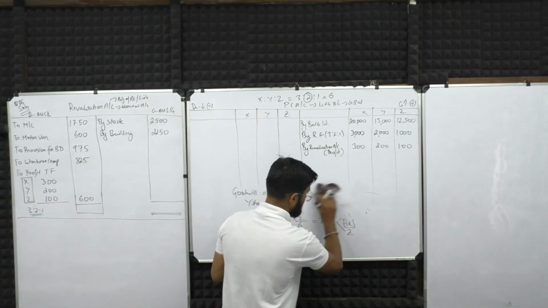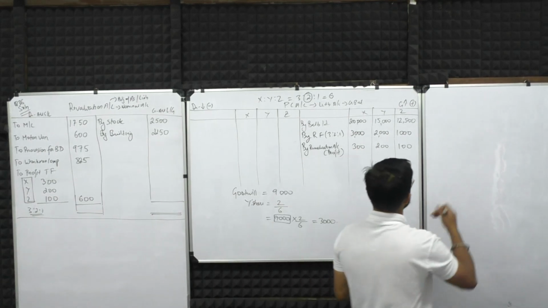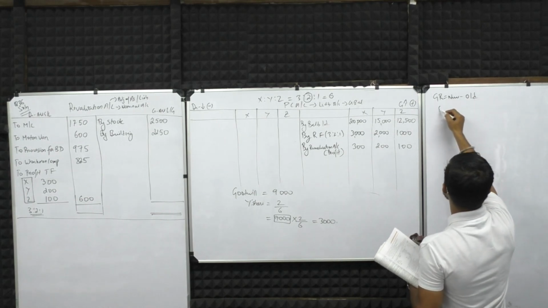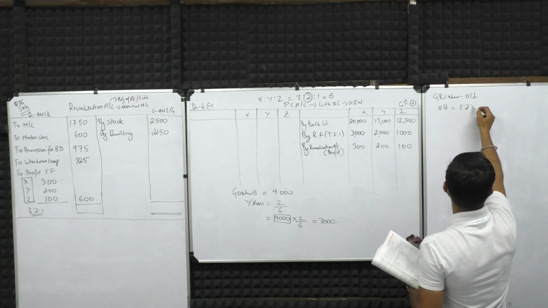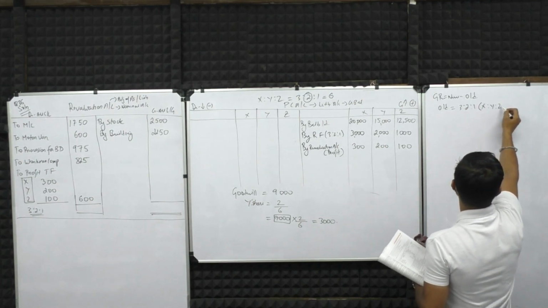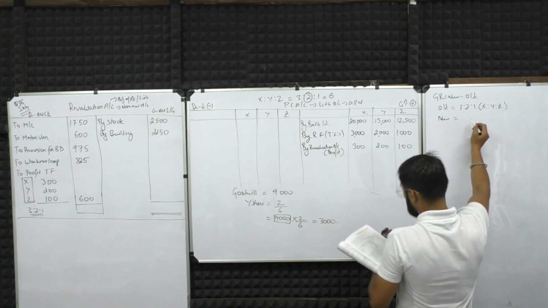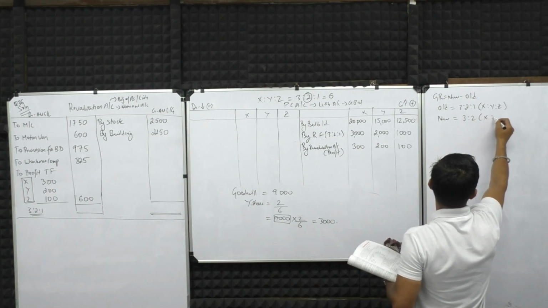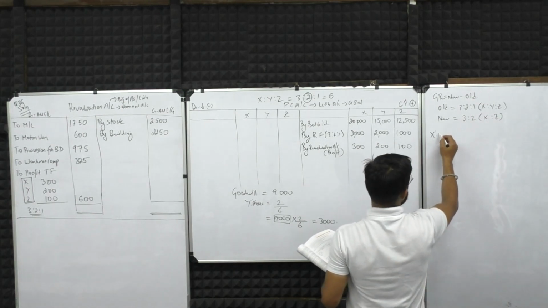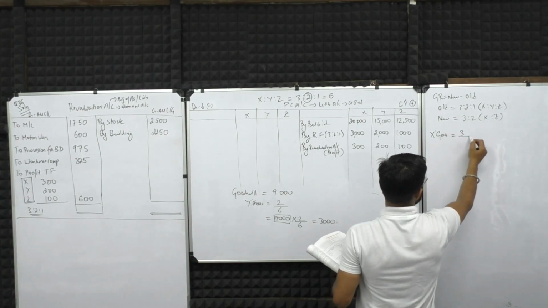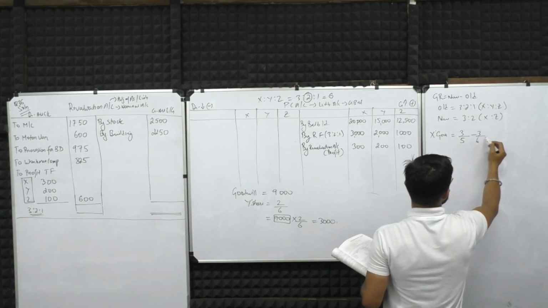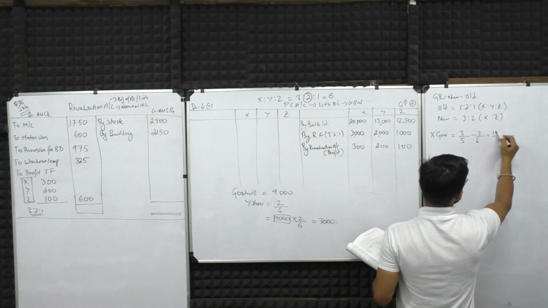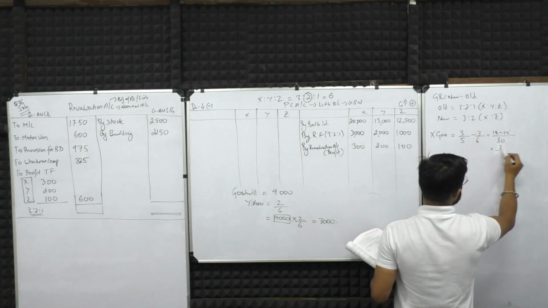Y's share is 3,000. Gaining ratio formula is new ratio minus old ratio. The old ratio is 3 is to 2 is to 1 between X, Y and Z. The new ratio is 3 is to 2 between X and Z. X gains: new ratio is 3 by 5, old ratio is 3 by 6. 5 into 6 is 30; 6 sixes are 36... 3 by 30.